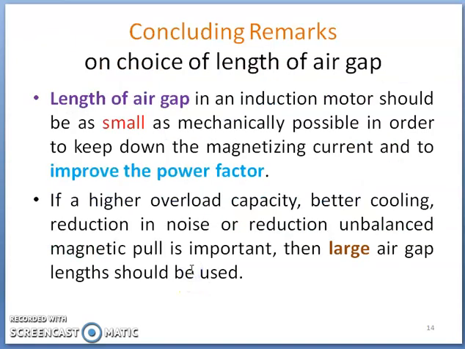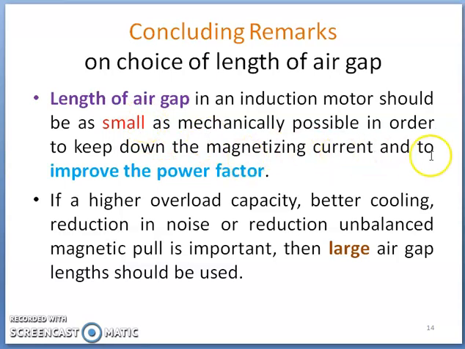Then let me discuss some concluding remarks on choice of length of air gap. When length of air gap is small, what happens to magnetizing current? Magnetizing current drawn by machine will be less if length of air gap is small.